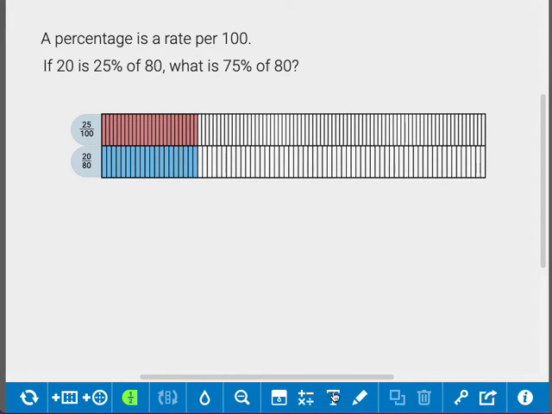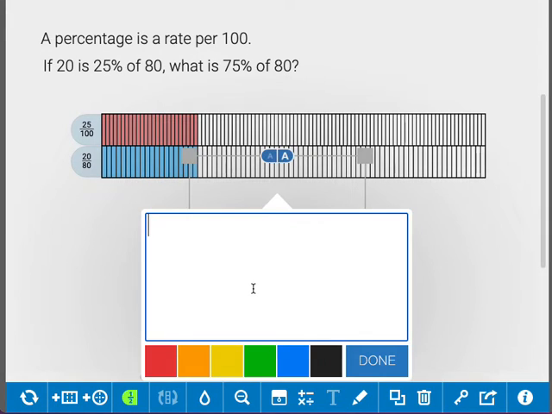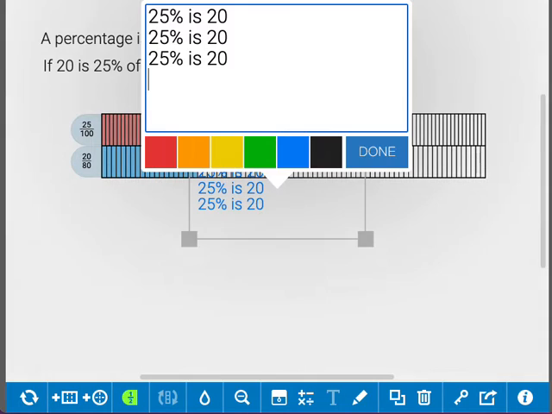So if I know what 25% is, I'm going to use that 3 times because 3 groups of 25% is 75%. So 75% is 3 groups of 25%, and if each 25% is 20, then 75% is 3 times 20, or 60.